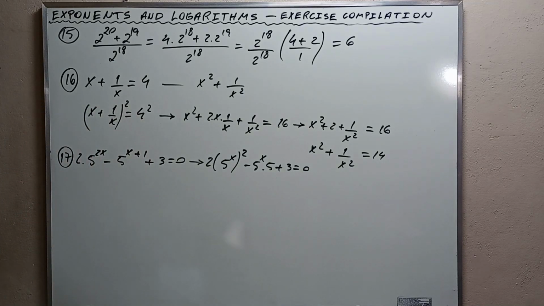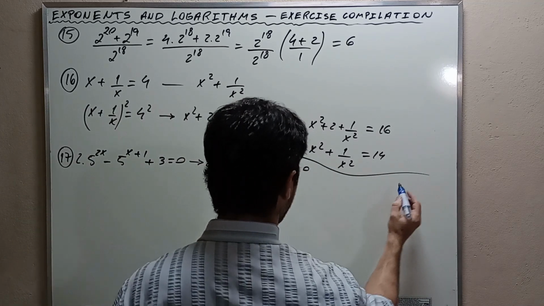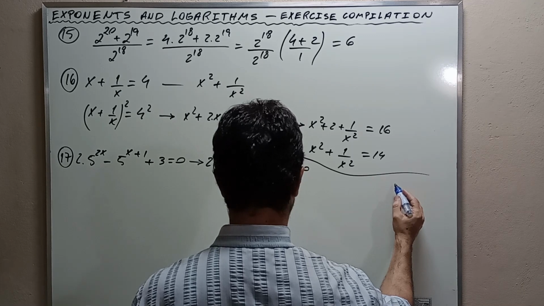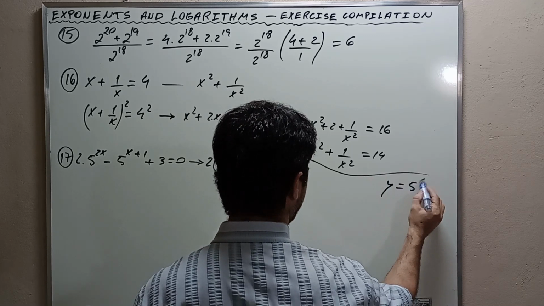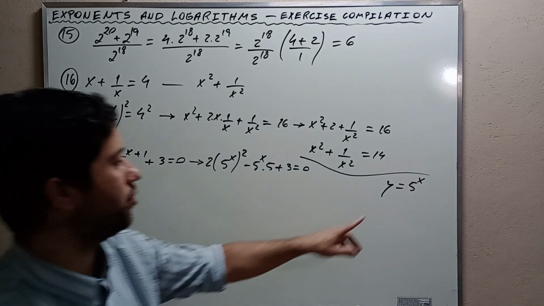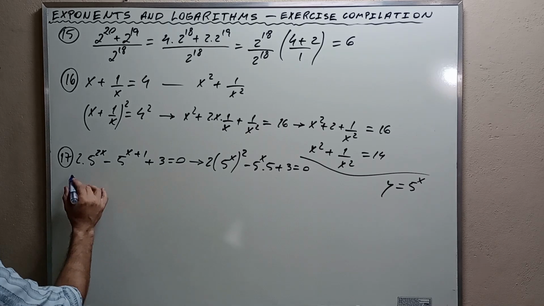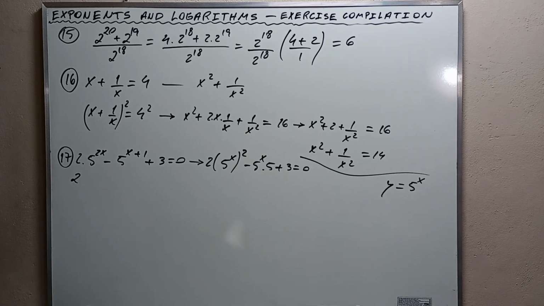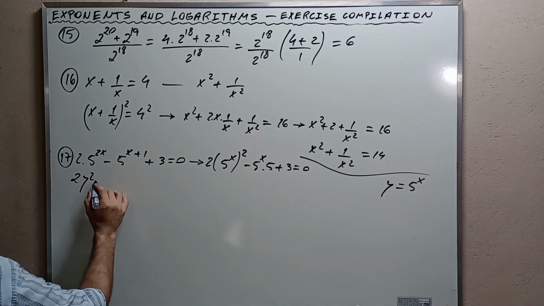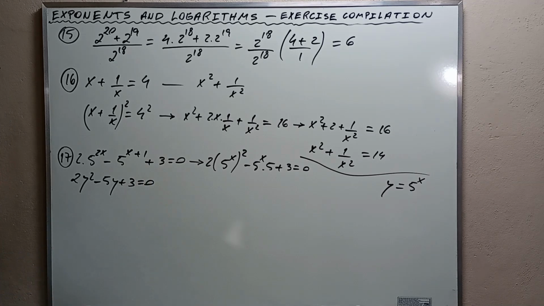And we're going to use that y is equal to 5 to the x. And we're going to substitute this here, and we find that the expression is therefore converted to 2 times y squared minus 5y plus 3 equal to 0.